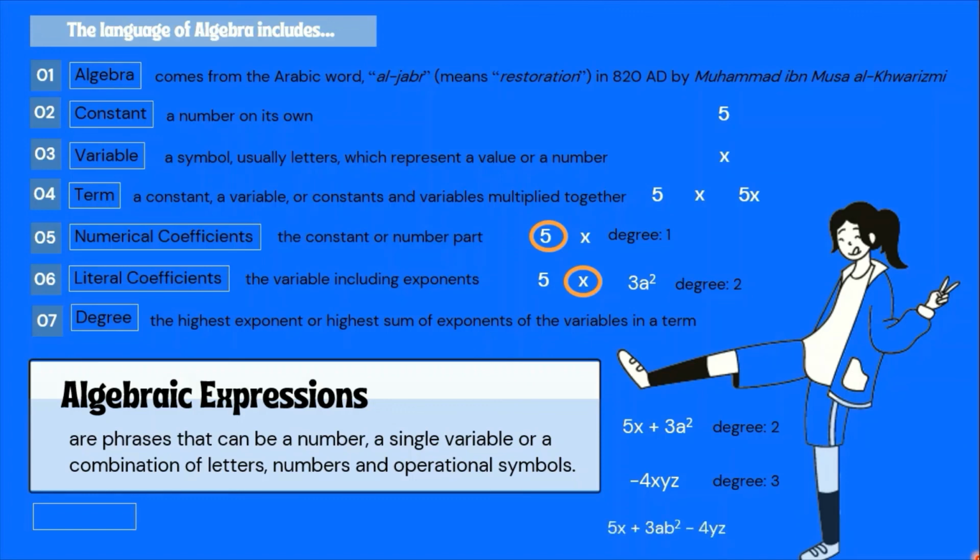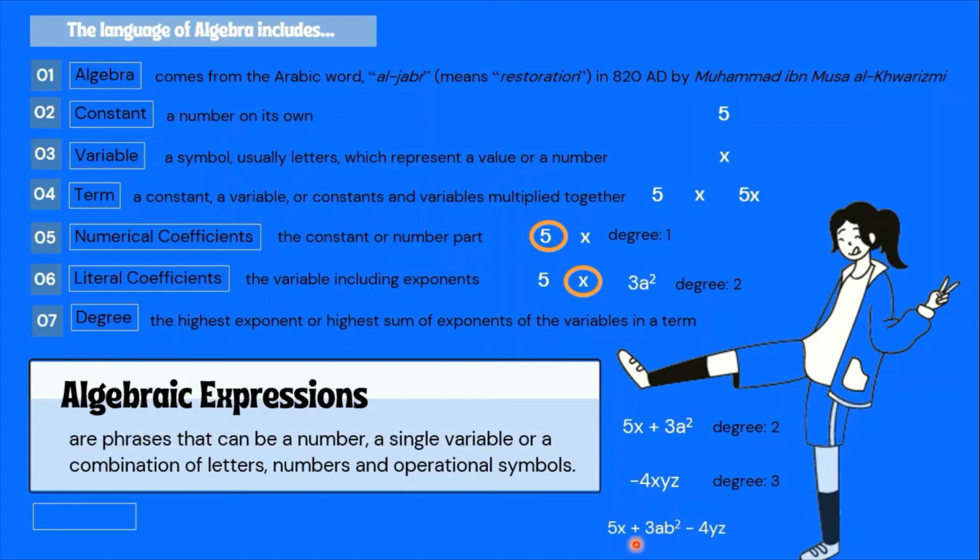Another example, we have 5x plus 3ab squared minus 4yz. This case, meron tayong 3 terms separated by plus and minus sign. Isa pa nga palang bagay mga bata, kapag ang mga terms ay separated na mga signs tulad nito, bukod sa ang duty nitong plus and minus sign ay to separate terms para hindi siya magkadikit-dikit, ito rin ay tumutukoy sa sign nitong kanyang kasunod na term.